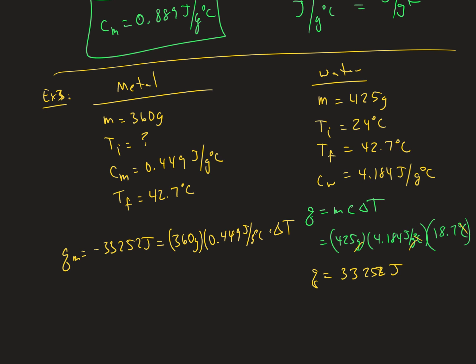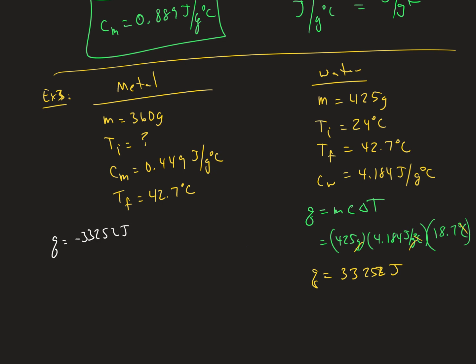I'm running out of room. Again, I should have solved for it first. It would have been easier. Let's do that. And if you don't like to do that, then don't. Negative 33,252 joules.